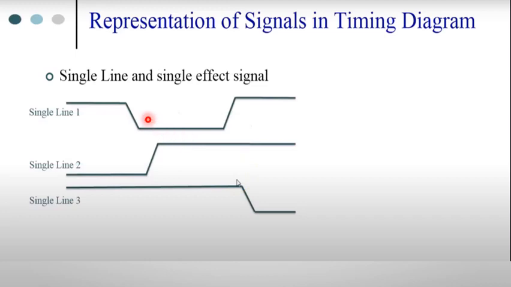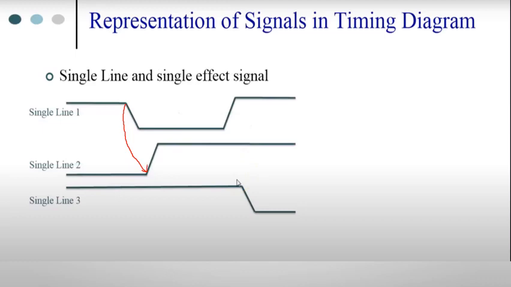That means a single effect in the line 1 signal is going to make an effect on the line 2 signal. A single effect on line 1 is going to make a change on the line 2 signal.